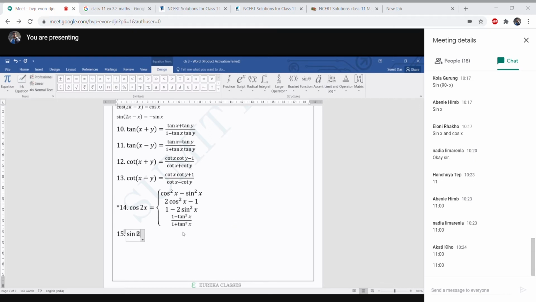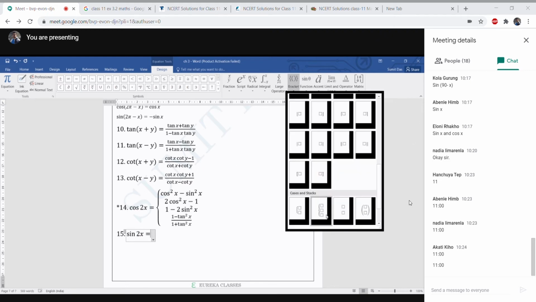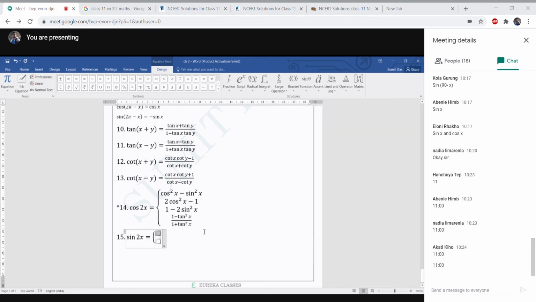Sine 2x also I'm giving a formula. Sine 2x formula is, one formula, which is very popular, 2 sine x into cos x. Another formula is 2 tan x divided by 1 plus tan square x.